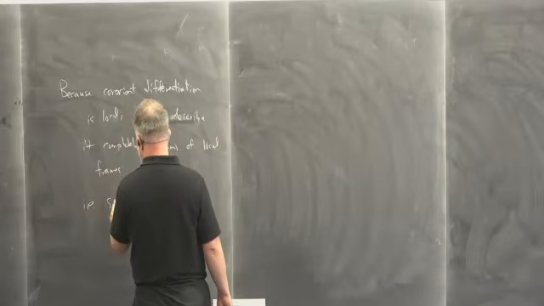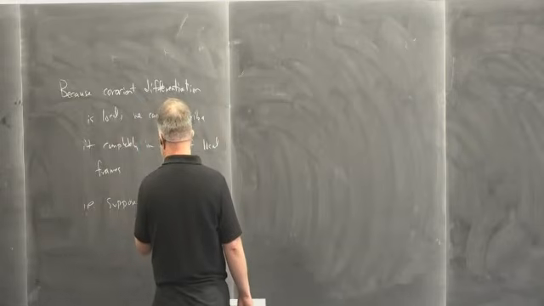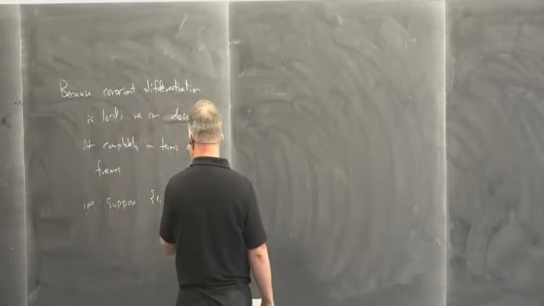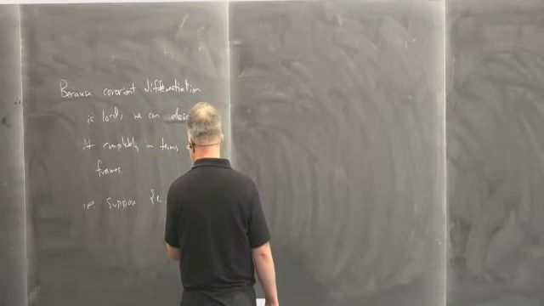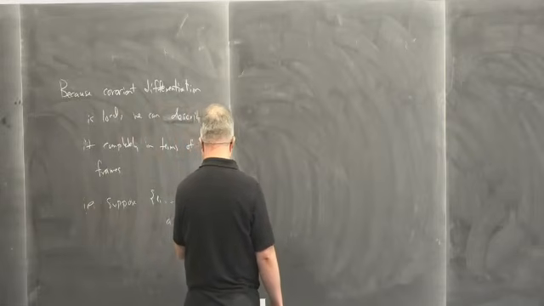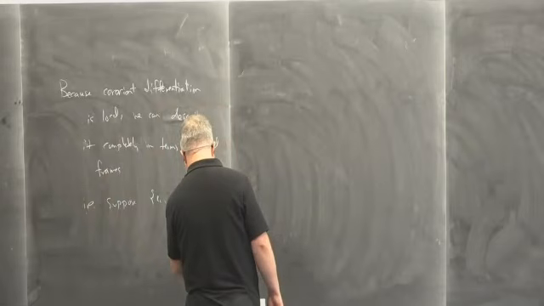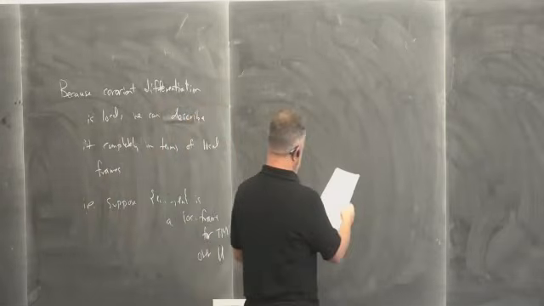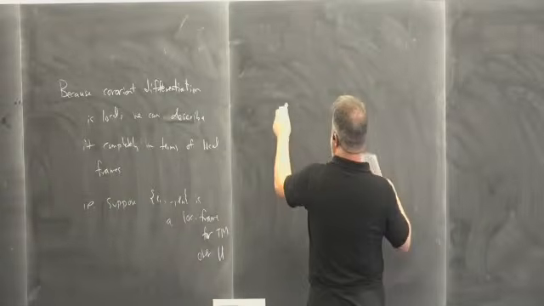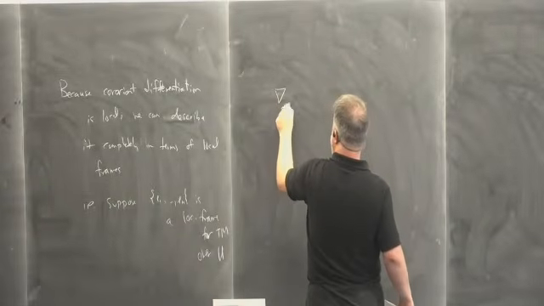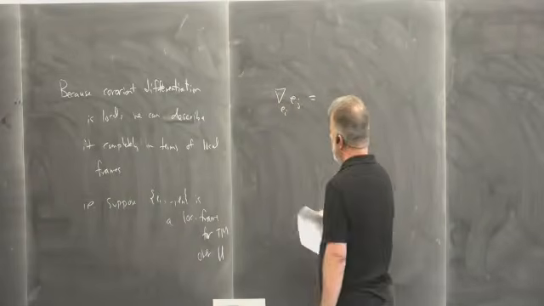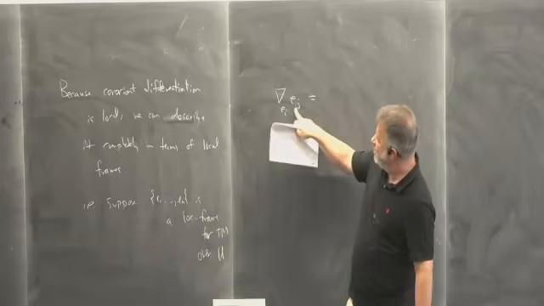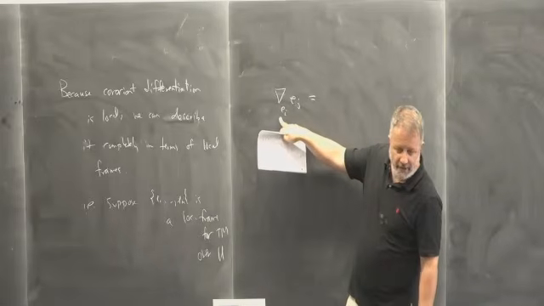Suppose E1 up to En is a local frame for the tangent bundle over some open set U, then I can take EJ and covariantly differentiate in the direction of EI.